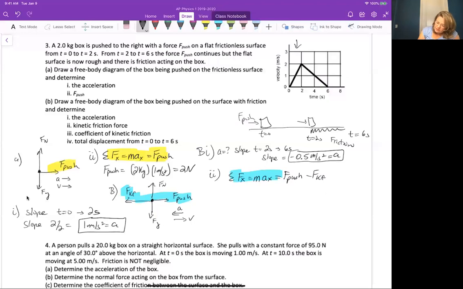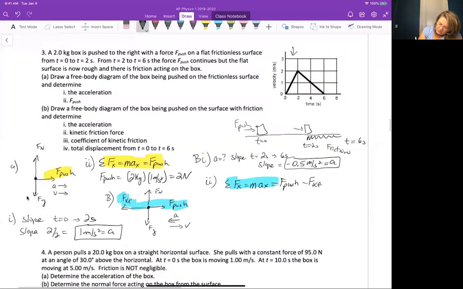I'm trying to find the force of kinetic friction, so move that over to the left. I get a positive kinetic friction force equals force of the push minus mass times acceleration.